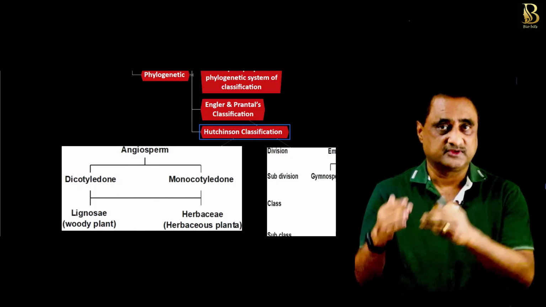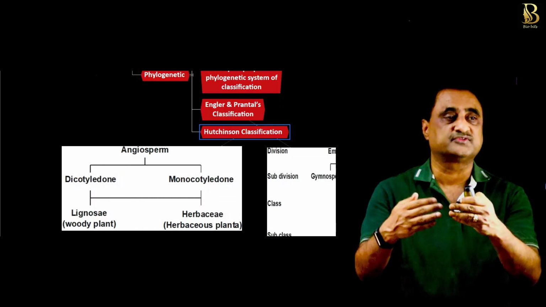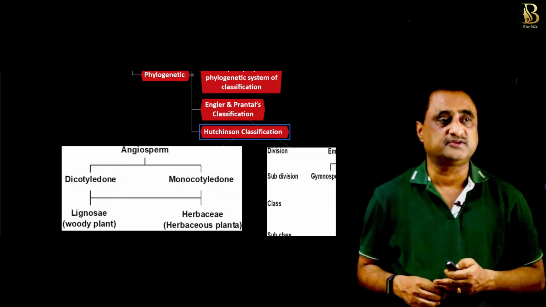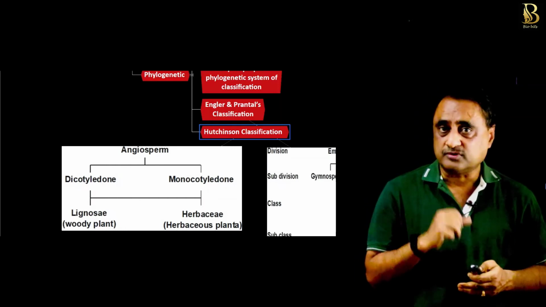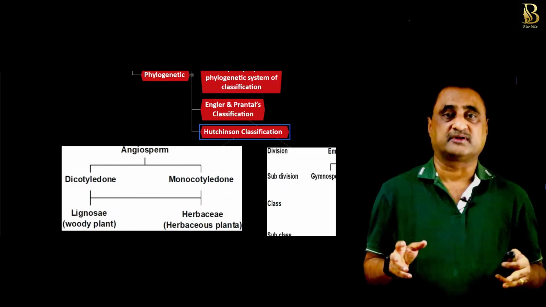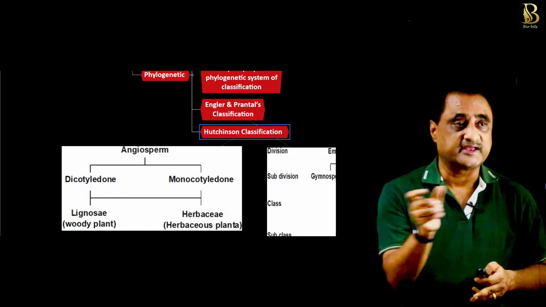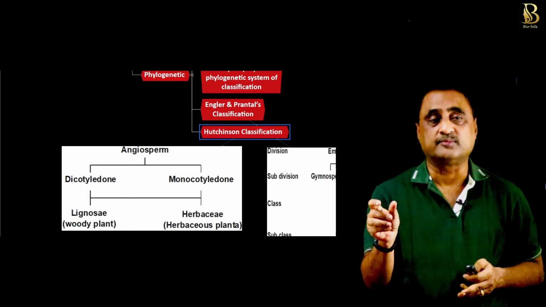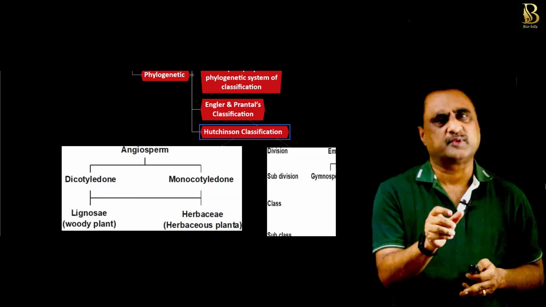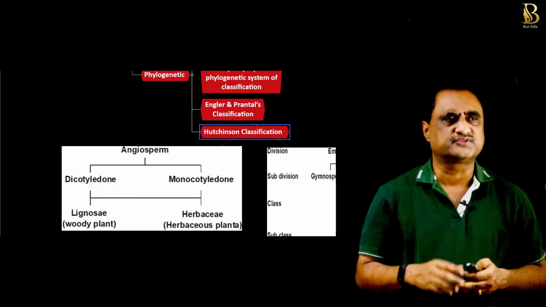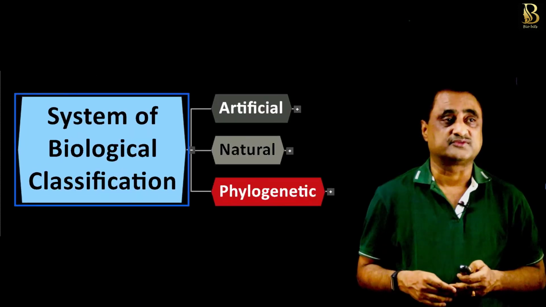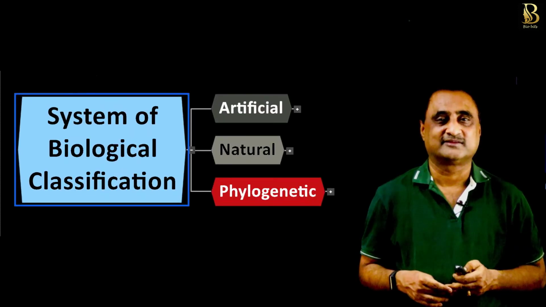As far as angiosperm is concerned, they identified two groups: dicot and monocot. In the case of dicot, two groups have been recognized: the woody plants and the herbaceous plants. The woody plants are identified by Lignosae and the herbaceous plants by Herbaceae. This is how classification is done in Hutchinson's system.